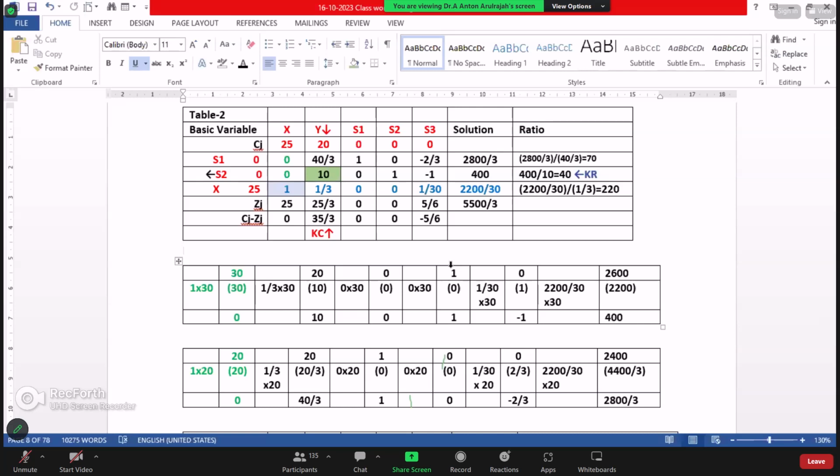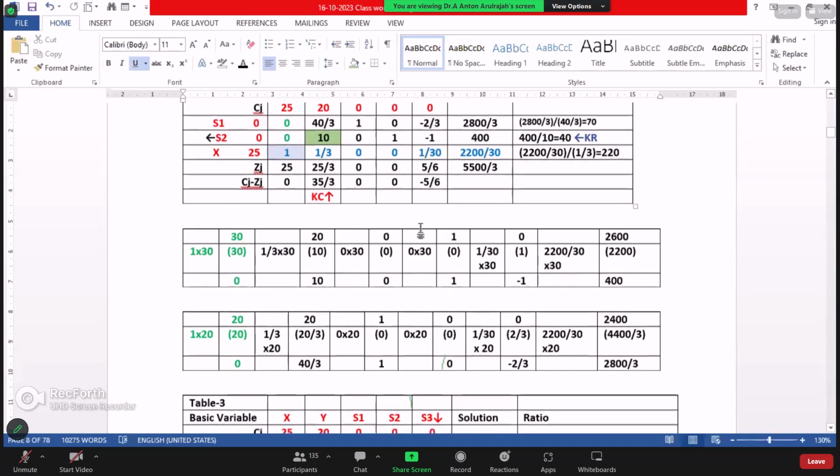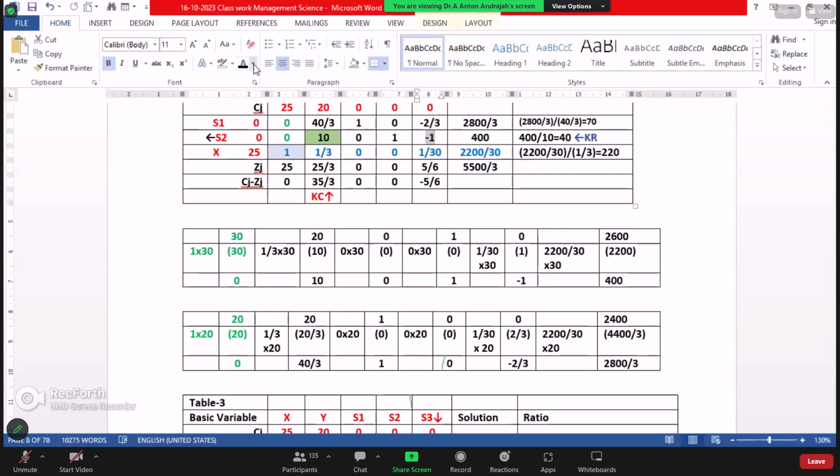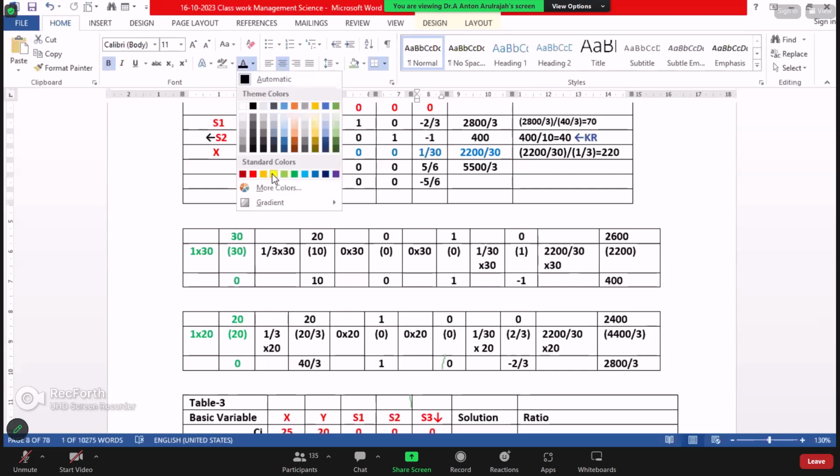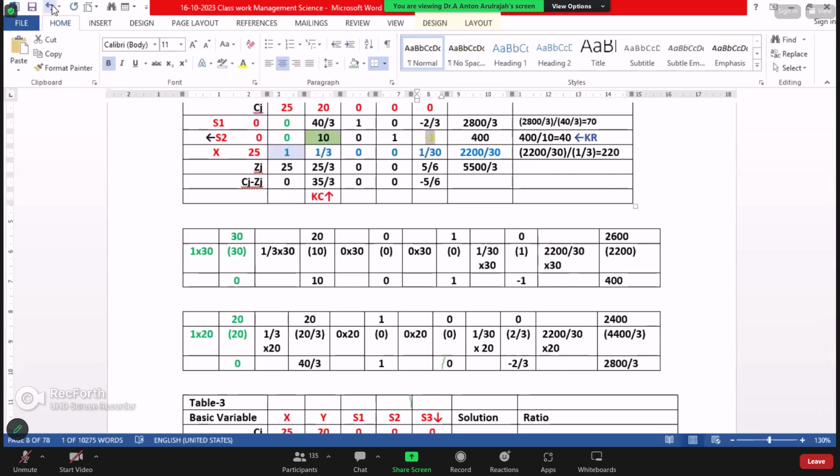Any other mistakes? Anybody? How it has changed. Yes, I made corrections here. Corrections I put in the yellow shaded one. I made these corrections.